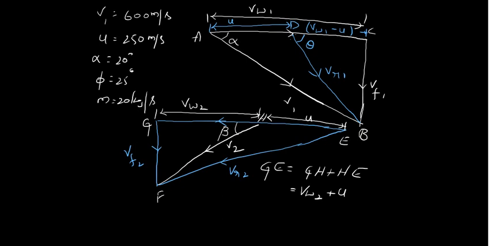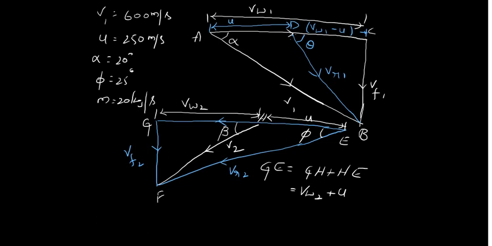U. Right? If I know the angle phi, I can calculate the entire value VW2 plus U, and from that I can calculate the value of VW2. Are you clear with these two velocity triangles?